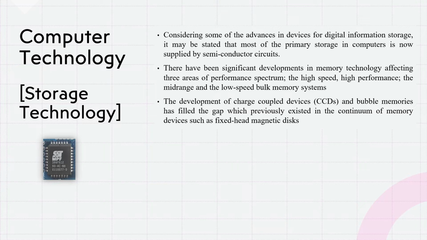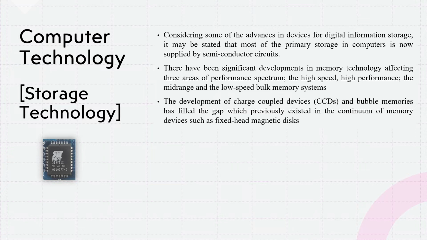The development of charge coupled devices (CCDs) and bubble memories has filled the gap which previously existed in the continuum of memory devices such as fixed head magnetic disks. It may be stated that all these innovations in storage technology provide us a variety of alternatives depending on the requirements of the speed of operation. These developments also add more capabilities to the storage aspects.